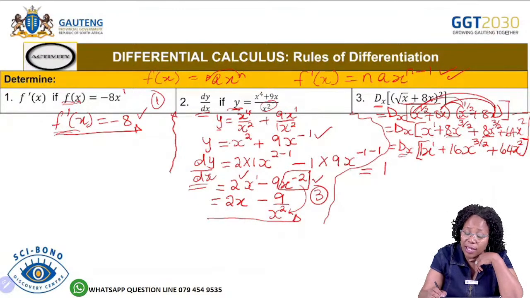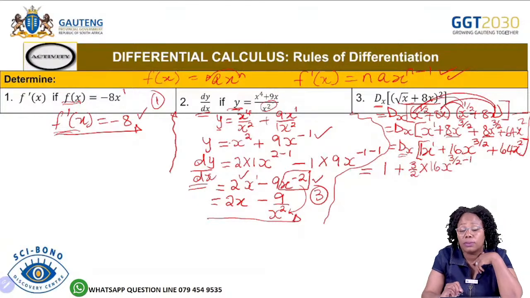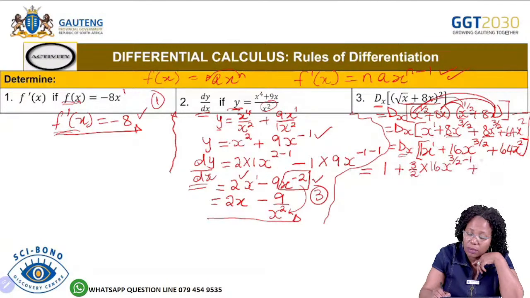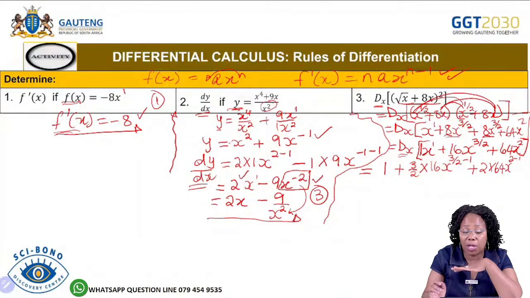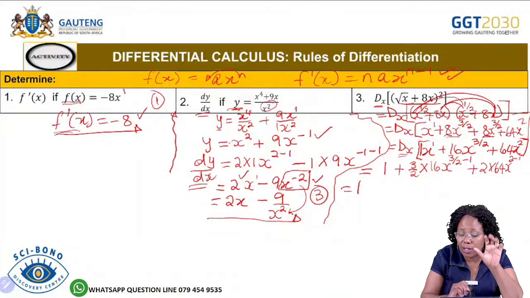And then now here is 3 over 2 times 16, and then x exponent 3 over 2, we subtract a 1, plus exponent 2 times 64, and then x from the exponent we subtract 1. That is the method. And then from here we have that 1, we are done with this.